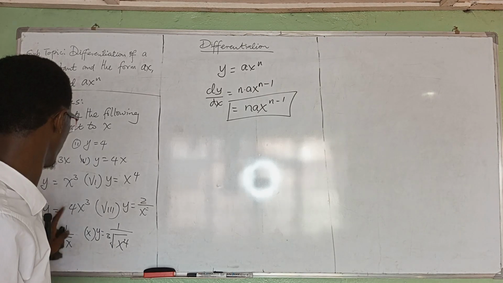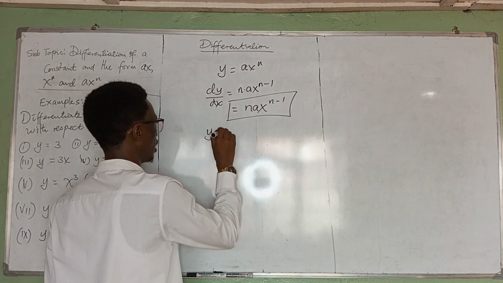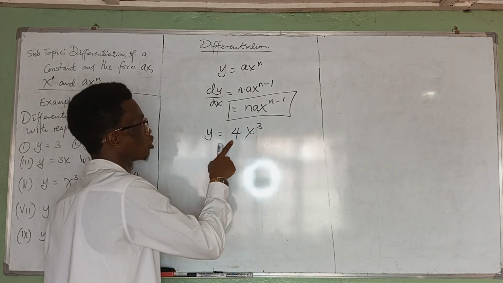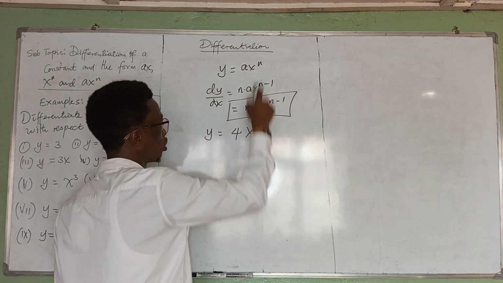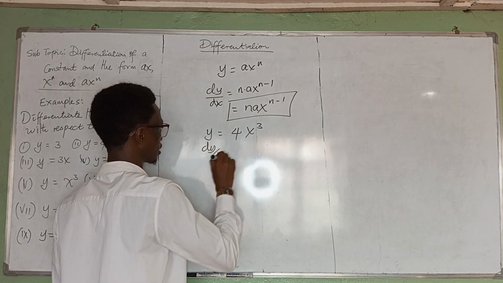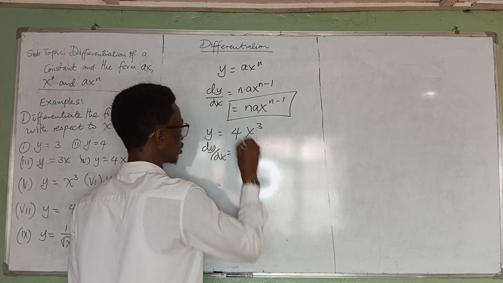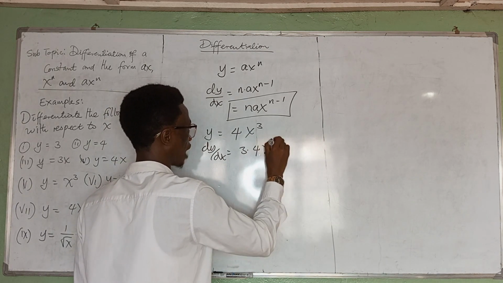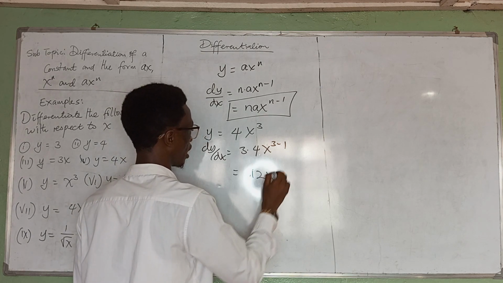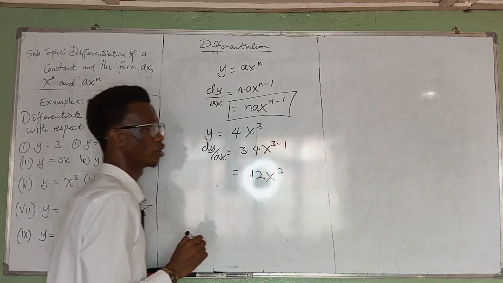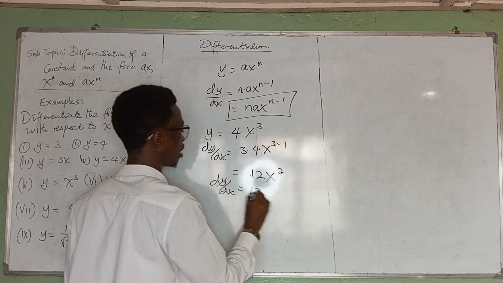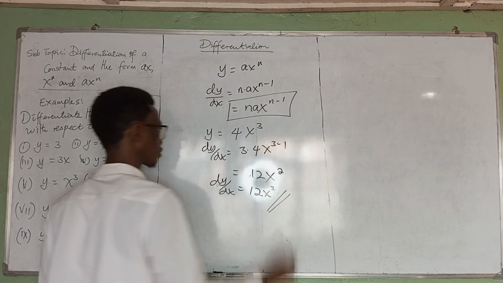So let's say we have the first one here, which says y equals 4x raised to the power 3. So this is your a, this is your x, and this is your n. So it's the same thing. Your dy by dx equals, you multiply 3 by 4, you have x, and 3 minus 1. So this becomes 3 times 4, which is 12x squared. Okay, so that's it. So therefore your dy by dx becomes 12x squared.